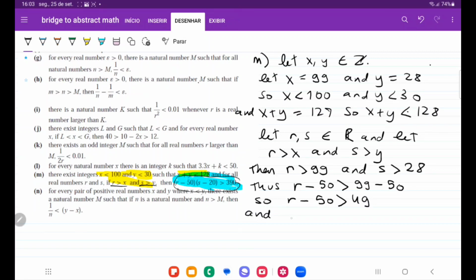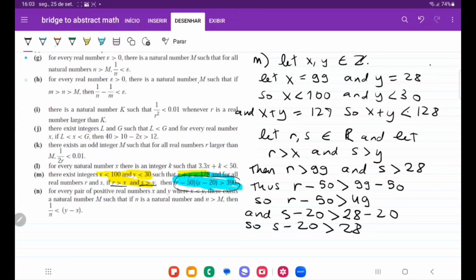And I have that s minus 20 is going to be greater than, because s is greater than 28, right? So it's going to be greater than 28 minus 20.